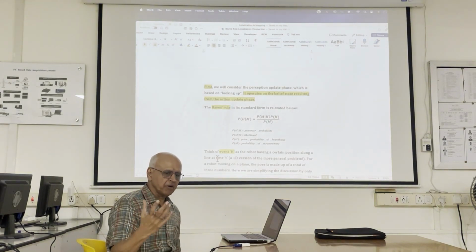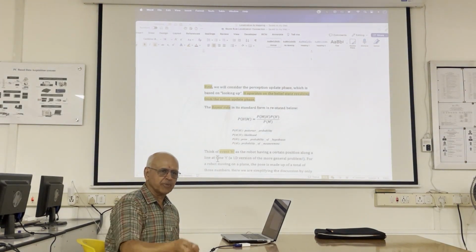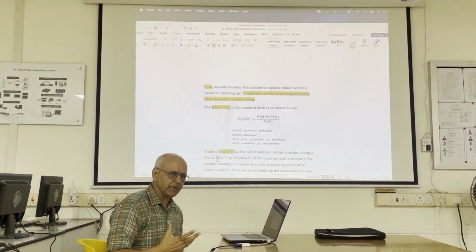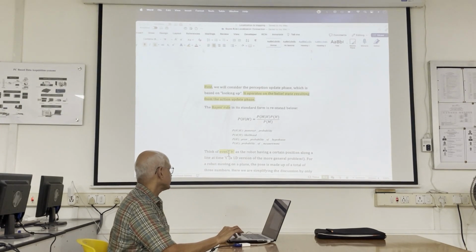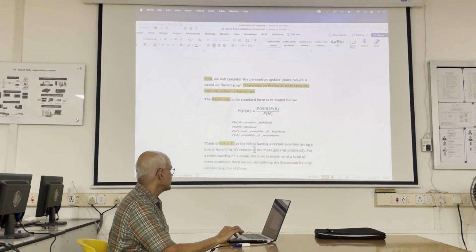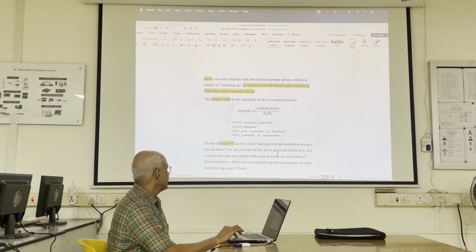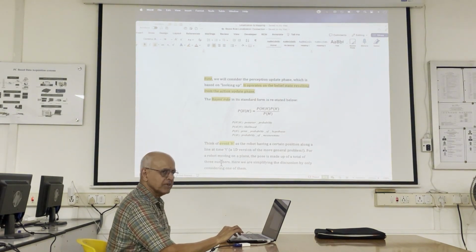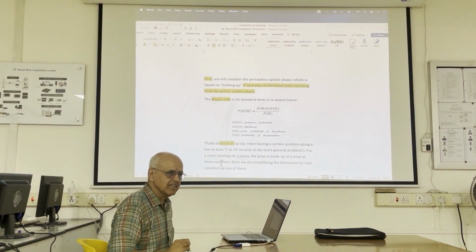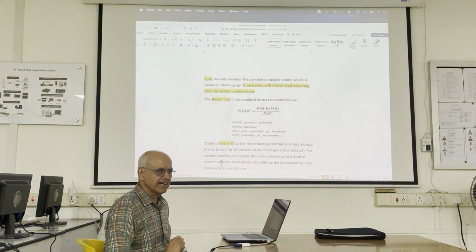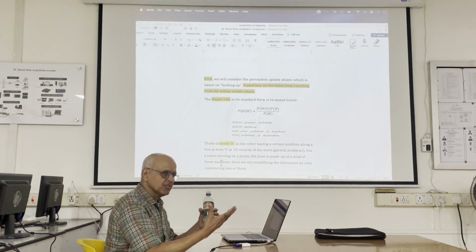What is the probability the robot is at 2 meters from the starting position? That is equivalent to the H. A one-dimensional version of the more general problem. Now, for a robot moving in a plane, the pose is made up of a total of 3 numbers. So we'll have to do some kind of matrix formulation, and it gets very complicated. We're not going to do matrix algebra here, but there is a matrix version of that.